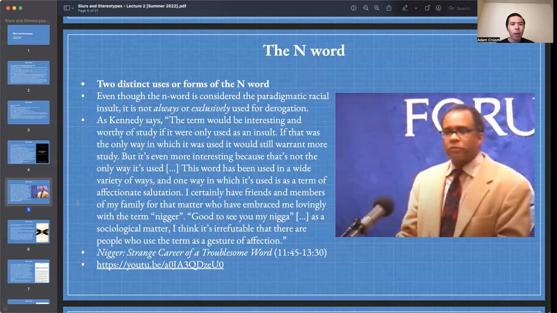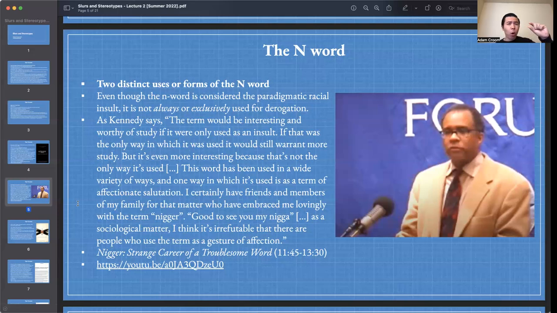All right. So one thing that we just want to flag here, like we flagged on the previous slide, is that not only is the N-word used in a derogatory way, but it's also used in a non-derogatory way. And we want to be able to understand what's the systematic rule that allows us to distinguish between derogatory and non-derogatory usages. Is there something about the word?